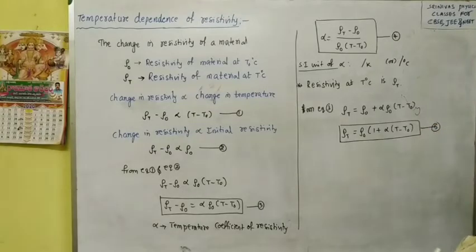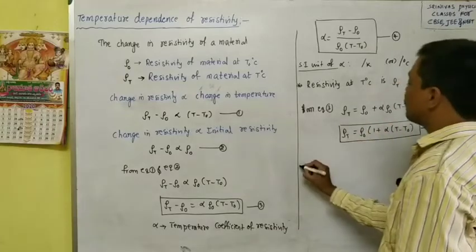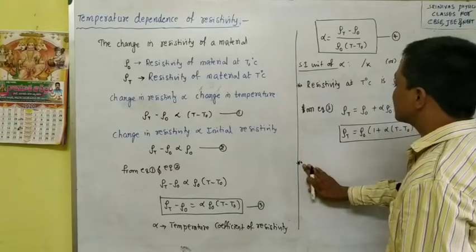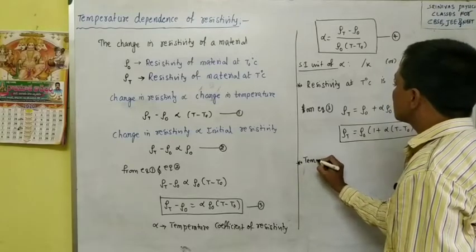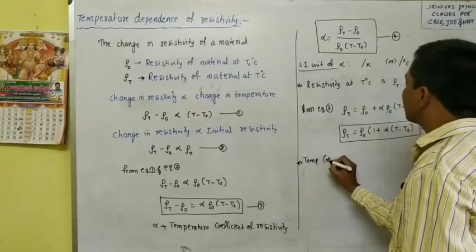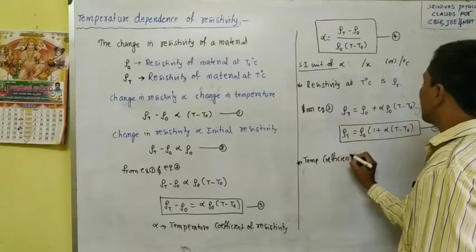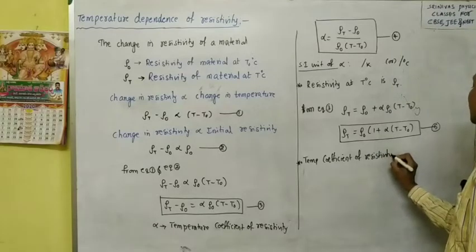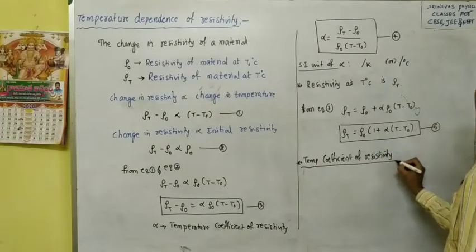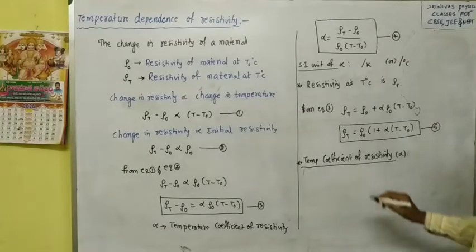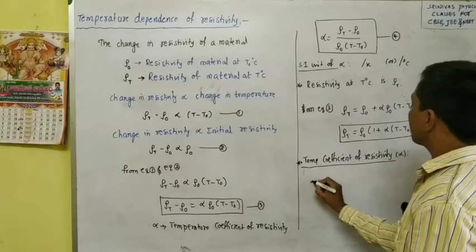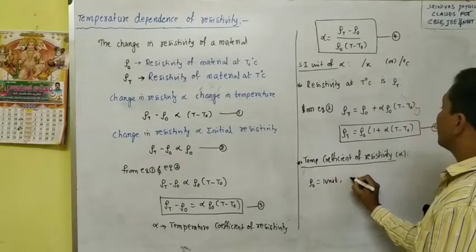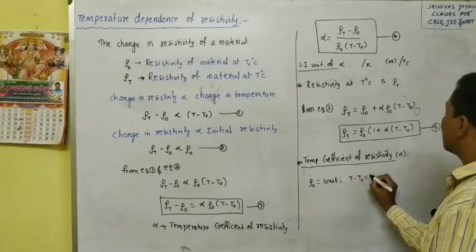Now, how does resistivity depend upon temperature? Alpha is the temperature coefficient of resistivity, right? How do we define this? For that we take rho naught as 1 unit, and t minus t naught as 1 unit.